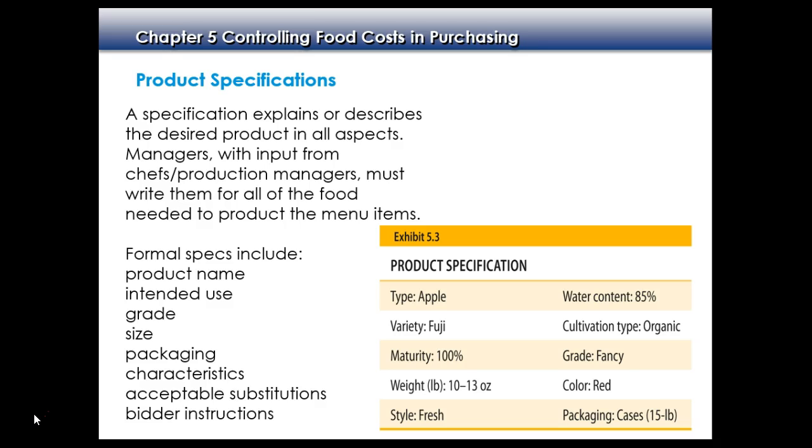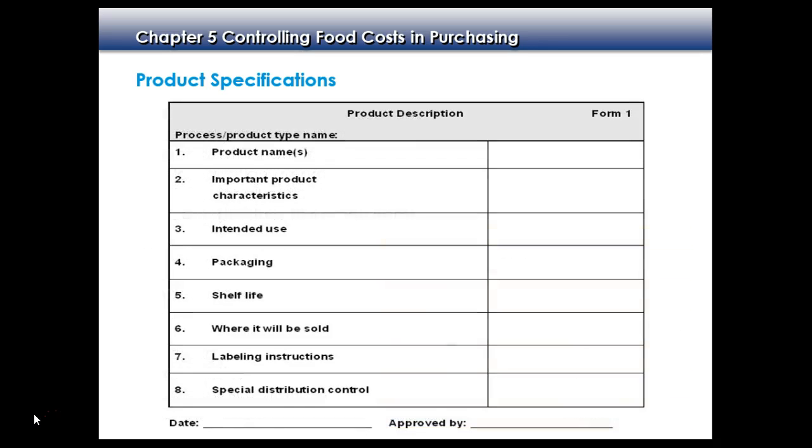Some specs that should be included: the product name, the intended use, the grade, the size, packaging, how it's coming to you, characteristics, acceptable substitutions, and bidder instructions.